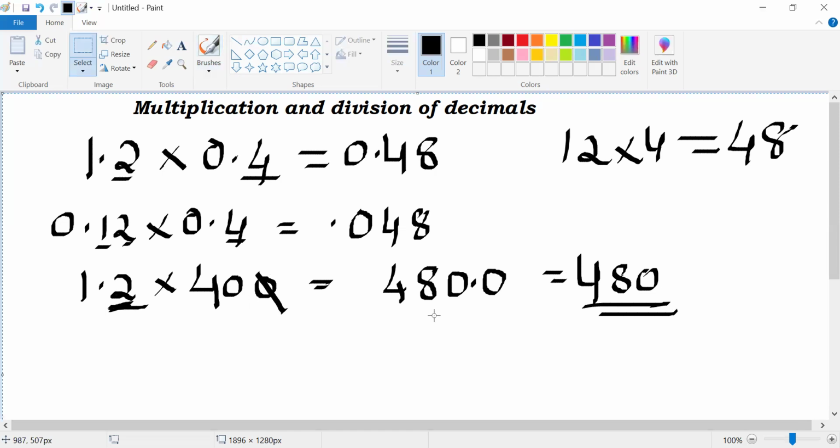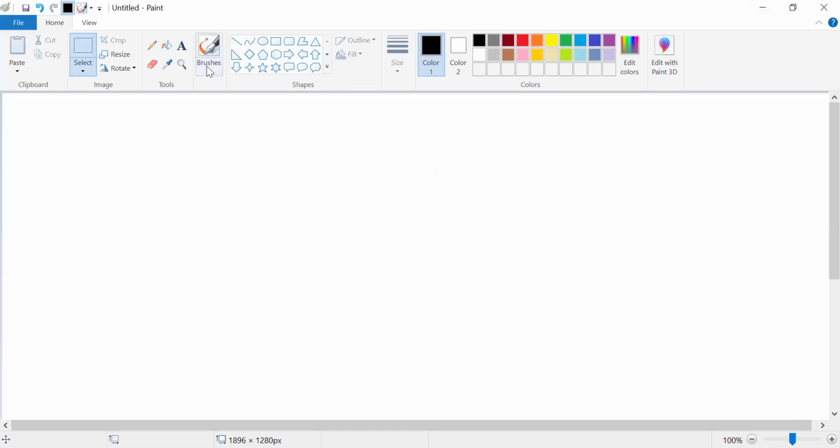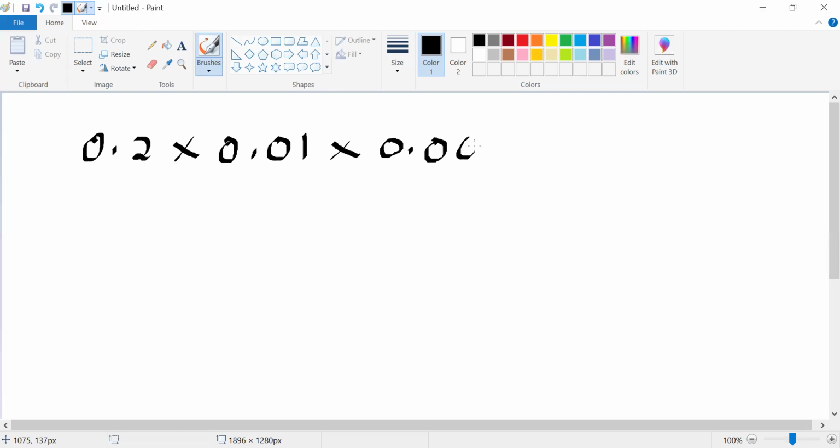Now, what if more than 2 decimals come? How to multiply? 0.2 into 0.01 into 0.003.